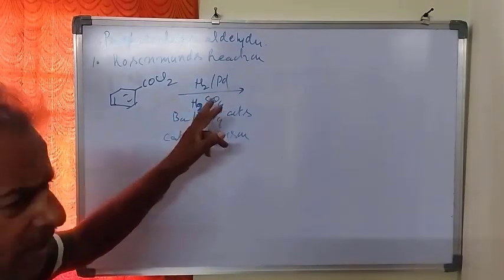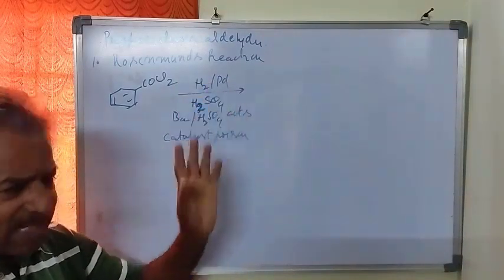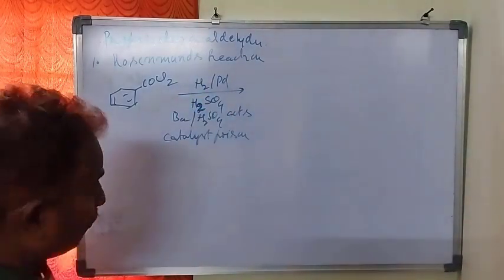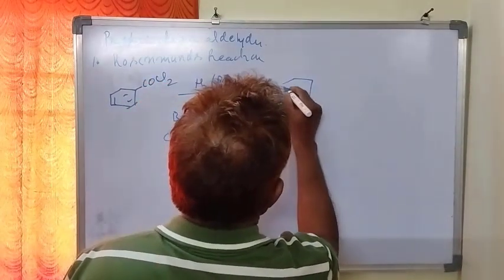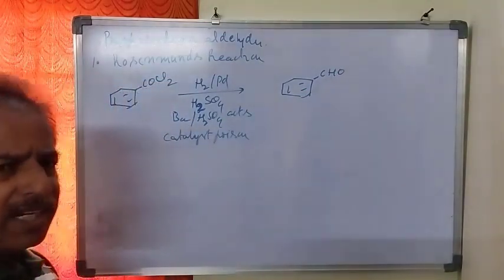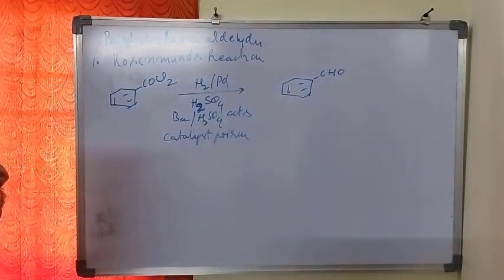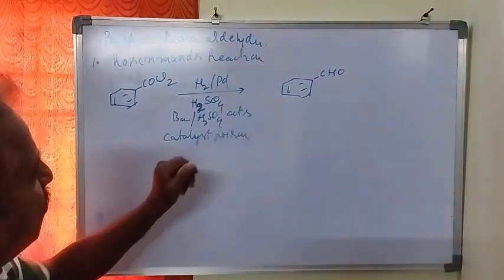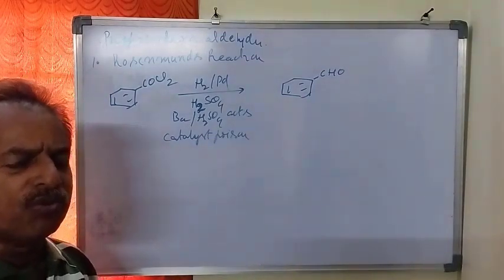The aldehyde so formed converts into acid. So the reaction proceeds to form acids. Therefore we get CHO here. So Rosenmund's reaction is the best reaction for the preparation of aldehyde. If the catalyst poison is not used, the reaction goes up to acid.